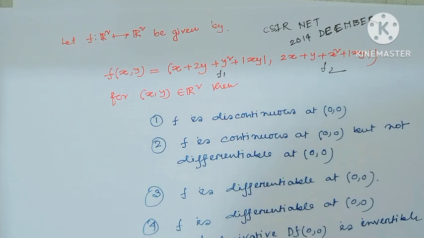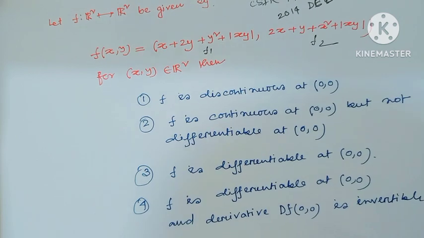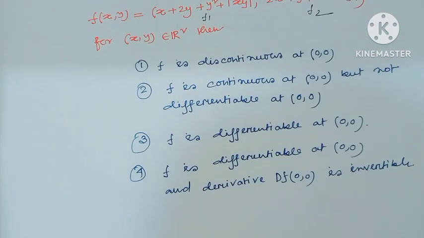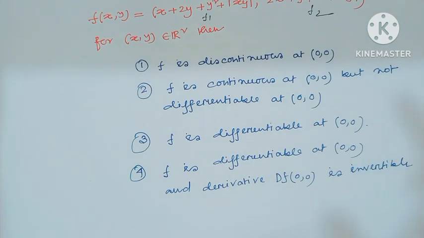For (x,y) belonging to R2: option 1, f is discontinuous at (0,0). Option 2, f is continuous at (0,0) but not differentiable. Option 3, f is differentiable at (0,0). And option 4, f is differentiable at (0,0) and the derivative df at the point (0,0) is invalid.